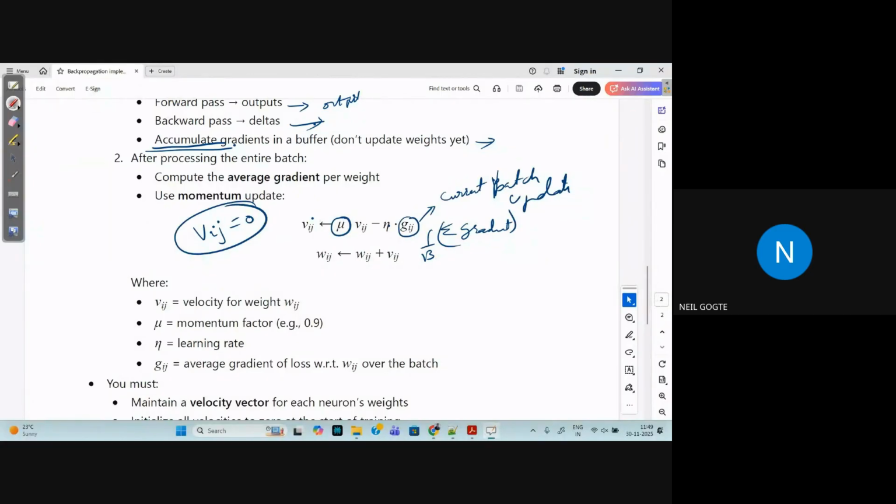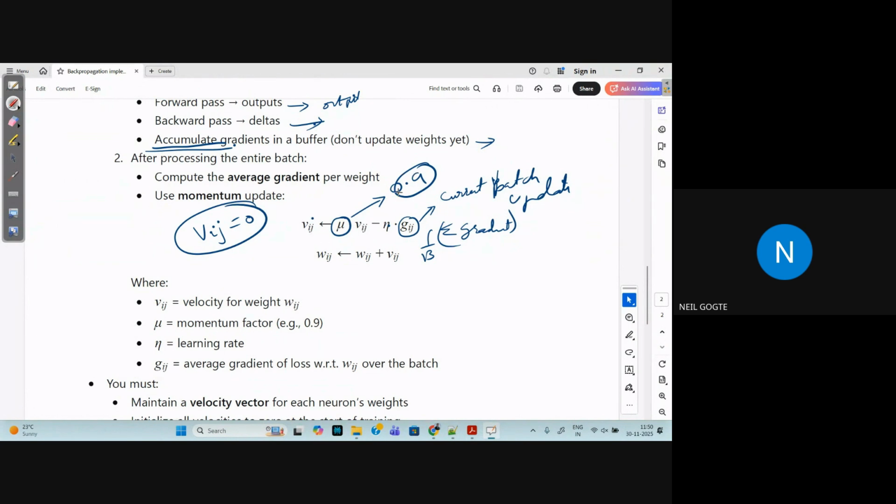So mu is equal to 0 means I'm not remembering anything of my past. Now instead you say I want to remember the past. How much of that past you want to remember is decided by this mu. So mu is 0.9. This means my current batch does not influence my weight update as much as my previous batch updates, because remember they are accumulated and kept.